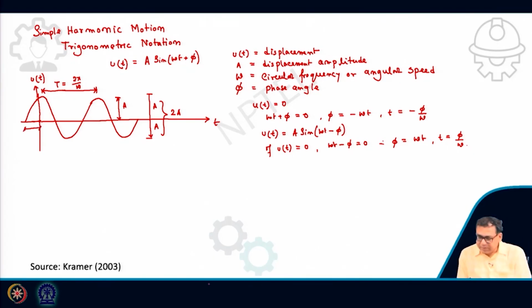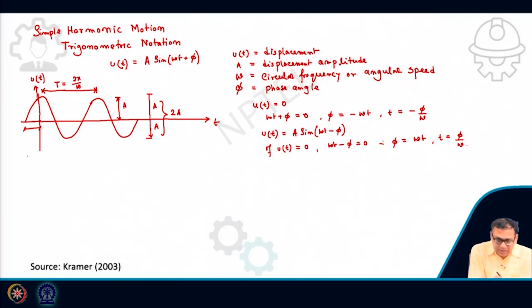This value is where your u(t) is equal to 0. So, when u(t) is equal to 0, in the first case this is omega t plus phi, so t is equal to minus phi by omega. This is your t, this axis is also t.